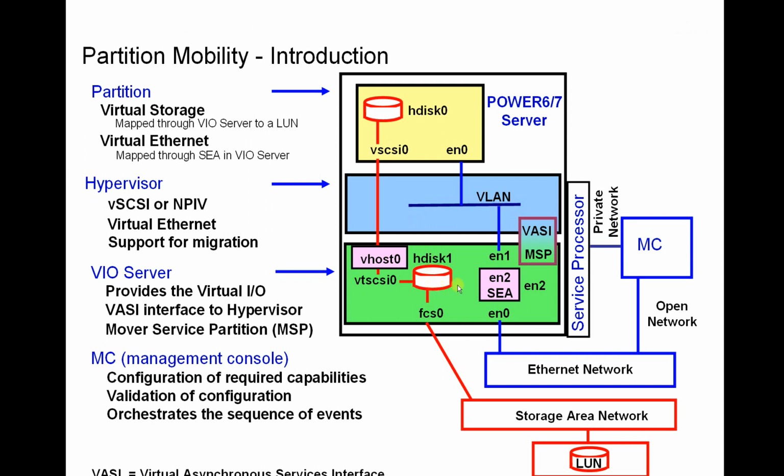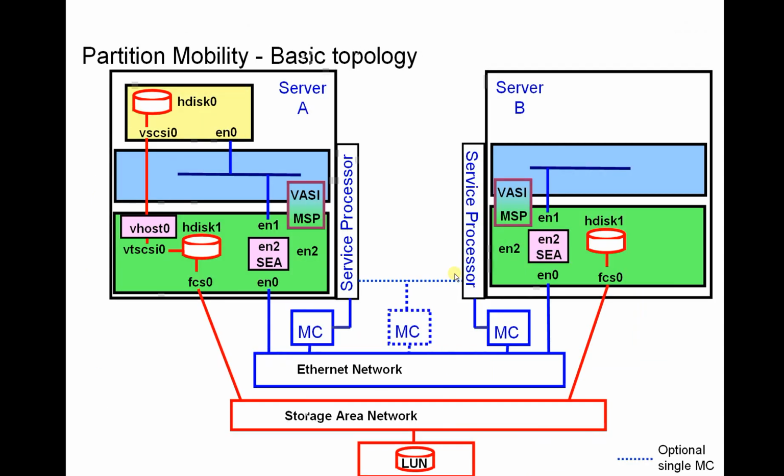The hypervisor and the VIO server work together along with the hypervisor and the VIO server on now a target system. So the picture that you saw in the previous slide was the source system. Now we introduce the target system.